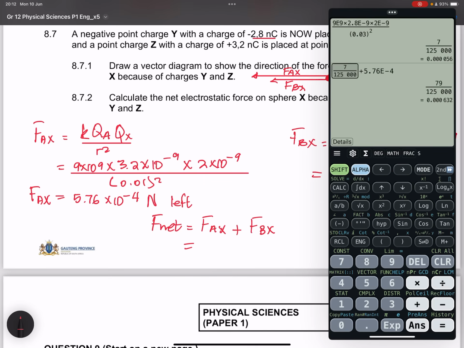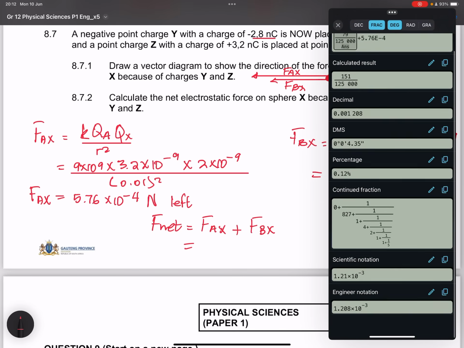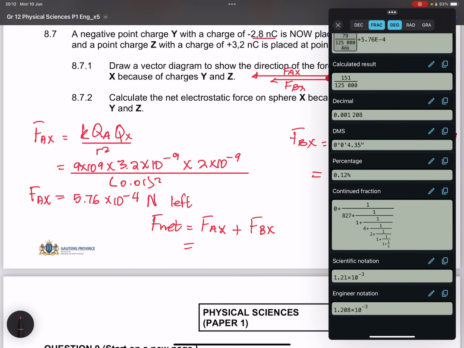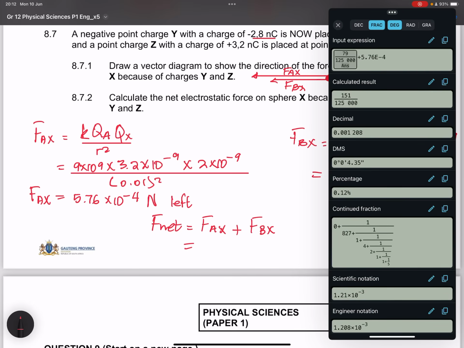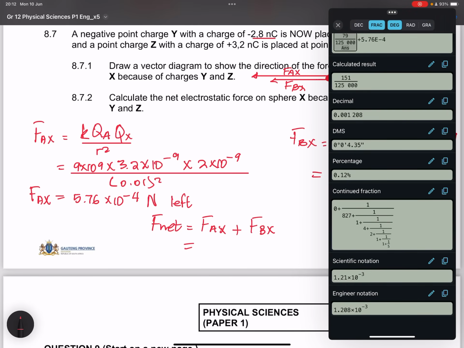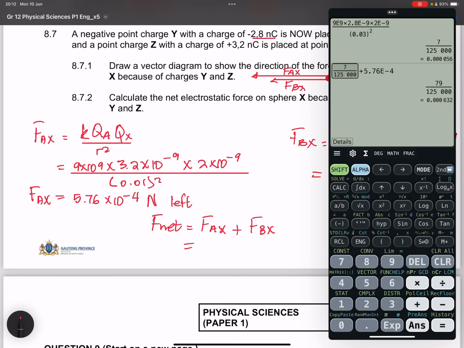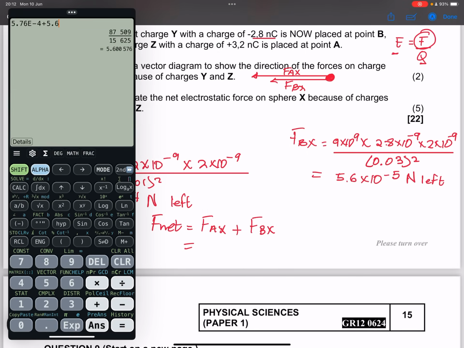Okay, so let's get that in scientific form. Right, so we're getting all sorts of weird values there. 1.2 times 10 to the negative 3, is that correct though? Okay, yeah, I can see that I did something wrong there. So that's 5.76 times 10 to the negative 4 plus, I've added 5.6 times 10 to the negative 5.